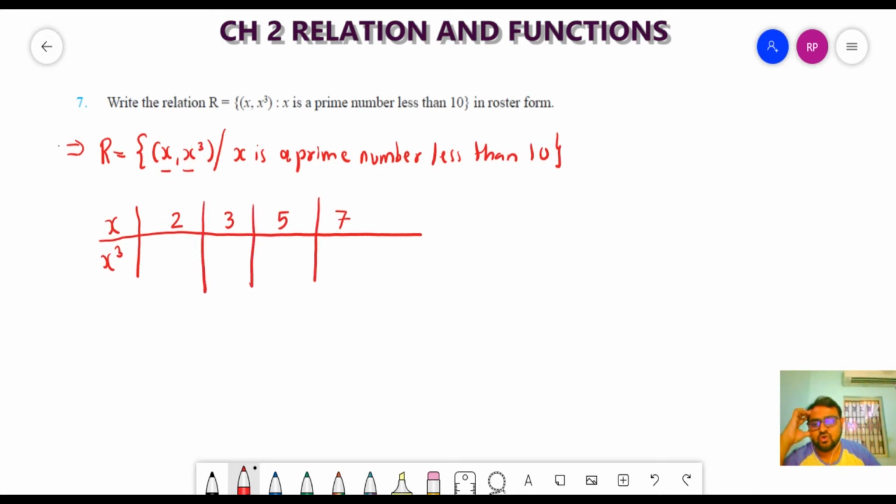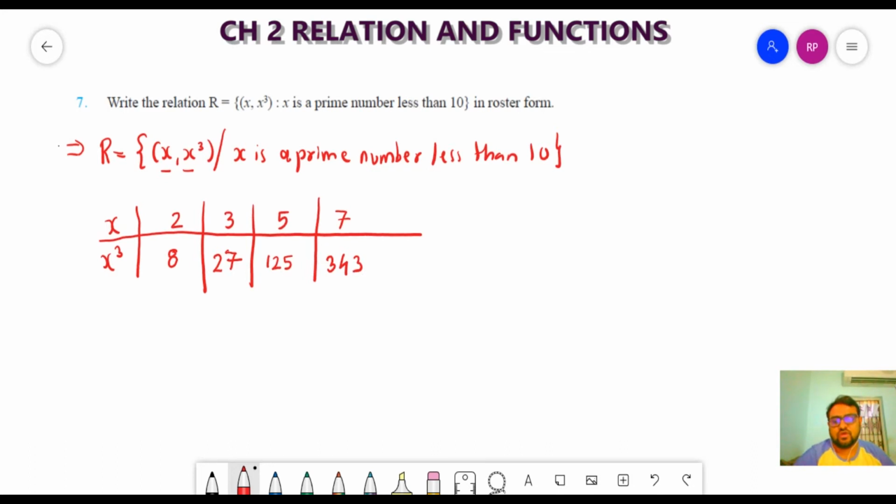Okay, so 2 cube, that will be equal to 8. 3 cube, that will be equal to 3 3s are 9, 9 3s are 27. 5 cube, that will be equal to 5 ones are 5, 5 5s are 25 and 25 5s are 125. 7 cube, that is 7 into 7, 49 and 49 into 7, that is equal to 343.